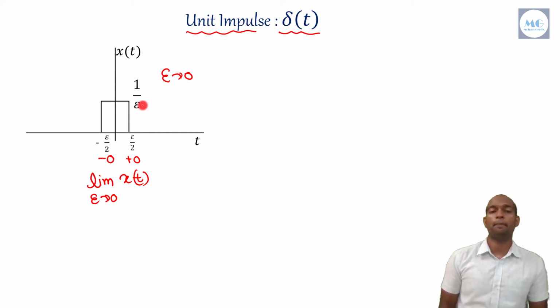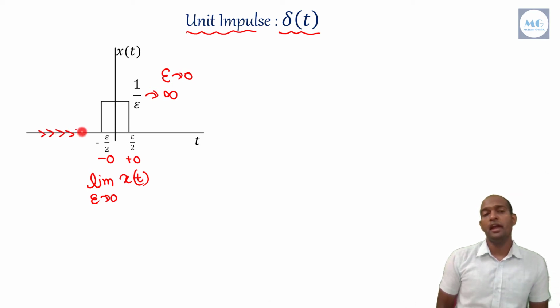If I replace epsilon with 0, then 1 by epsilon will be infinity. That means if a signal comes from minus infinity and becomes very near to 0, its value is infinity, and again it comes down to 0, then we will call it delta t, or the impulse signal, the unit impulse signal.